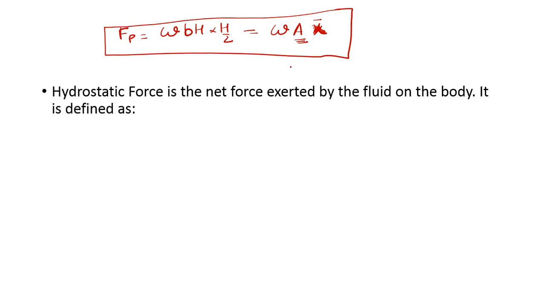You have to memorize this formula and know what A and x bar are. Omega is specific weight, A is the normal area of the plate, and x bar is the center of gravity of the plate from the free surface.